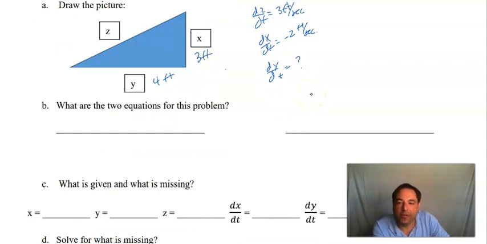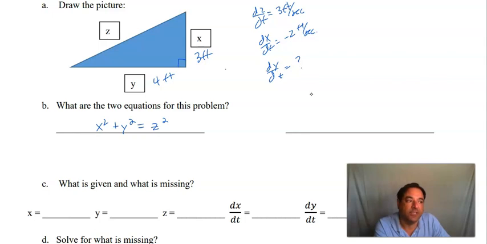So notice that we have a right triangle, and what we remember about right triangles is x squared in this case plus y squared equals z squared. Pythagorean theorem. Then the second equation is going to be the derivative of that with respect to time. That's the other variable here.